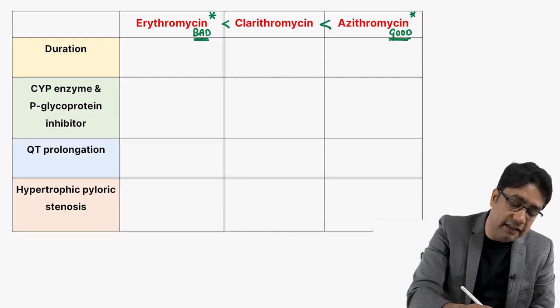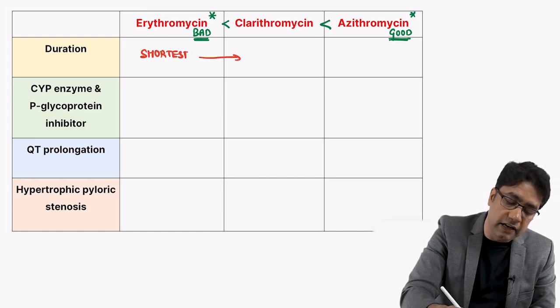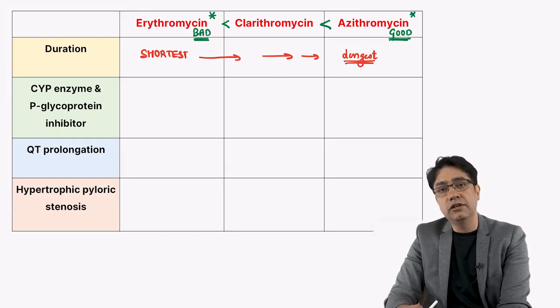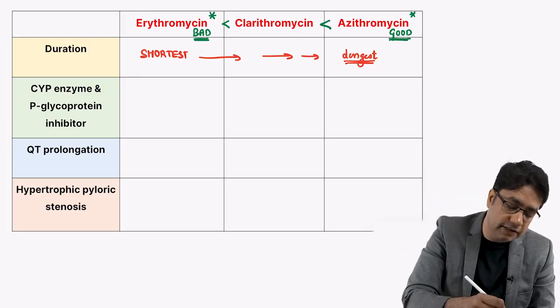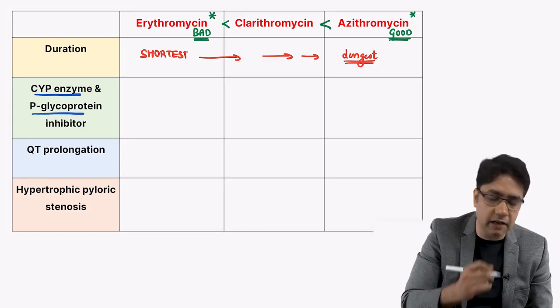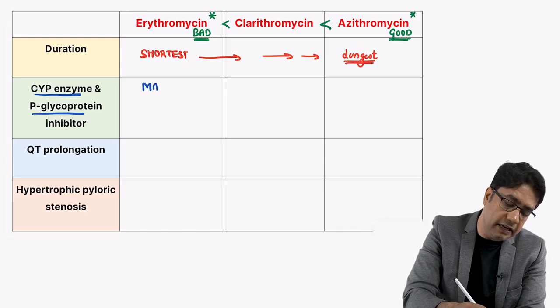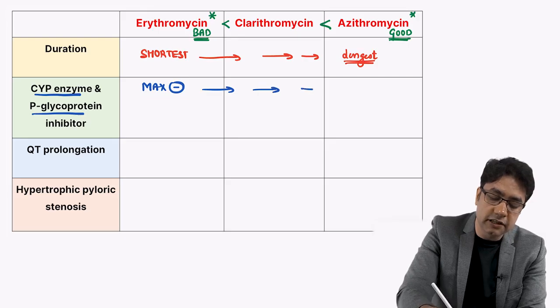The shortest acting will be erythromycin. It is given 3 times a day, while azithromycin is the longest, given just once or maximum twice a day. Now, which macrolide inhibits CYP enzyme, cytochrome P enzyme, and P-glycoprotein? Again, maximum inhibition is by erythromycin, least inhibition is by azithromycin.